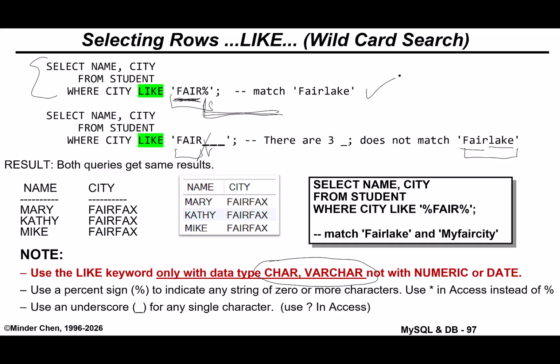So this can be very powerful because a lot of times we only remember a partial string of a certain column, but we do want to search based on that information. Then this can be very, very useful. Okay. So do remember the use of like for string data type columns.